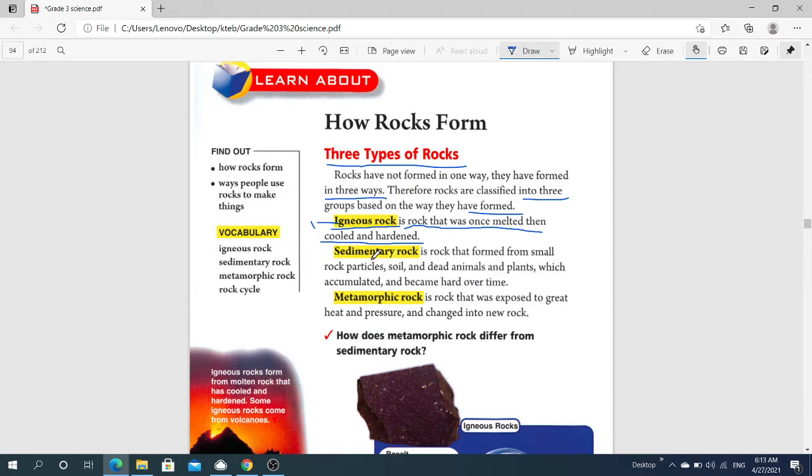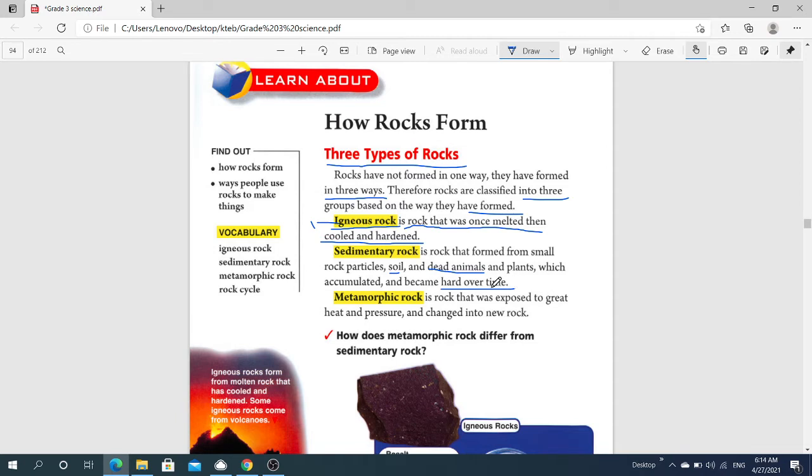Sedimentary means the rock at first is very small. It is a rock that formed from small rock particles, for example soil and dead animals and plants that stick together, accumulated and become hard over time.